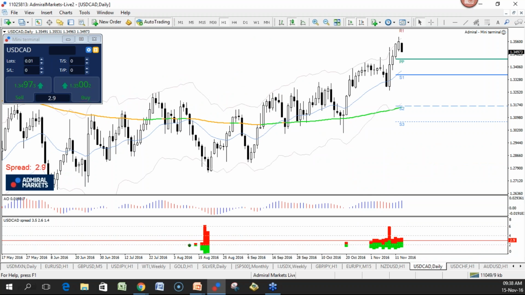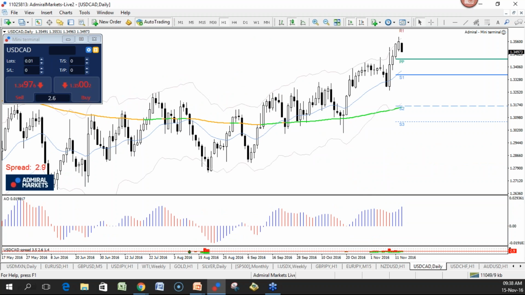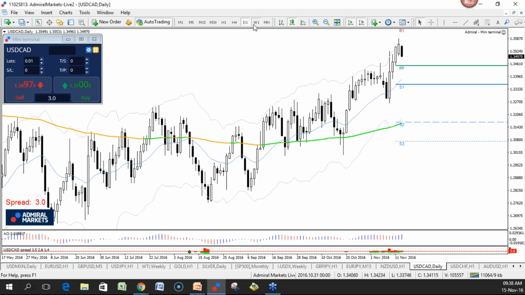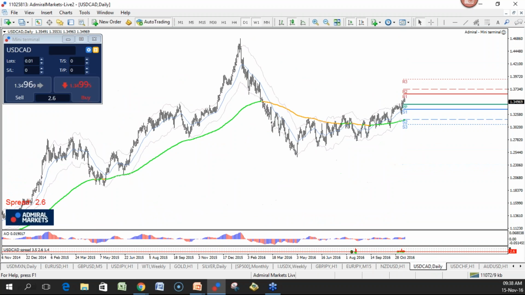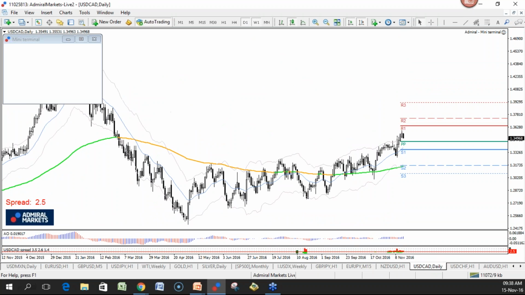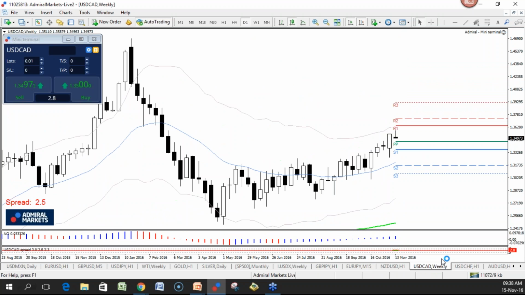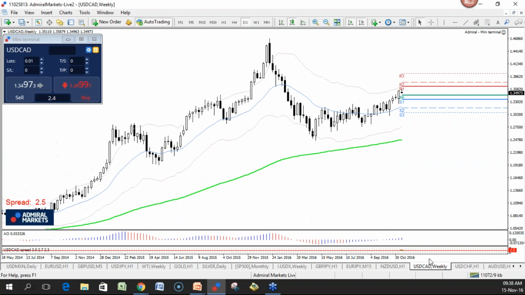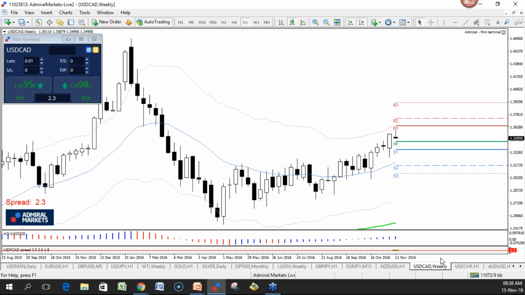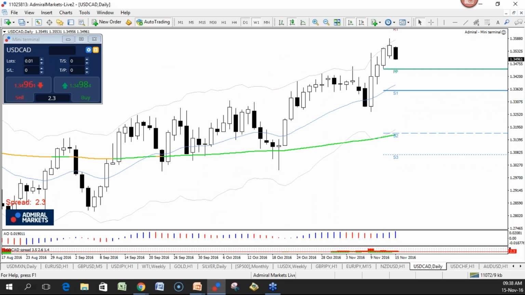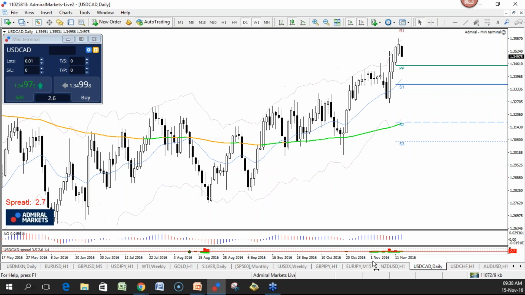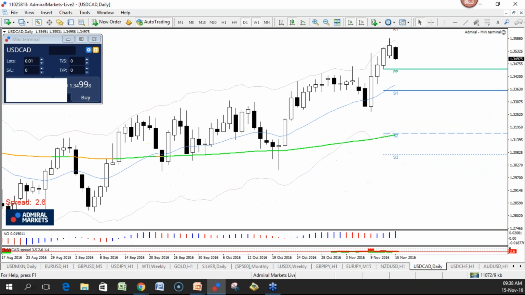Dollar CAD. Absolutely bullish indeed. A lot of bullish candles.